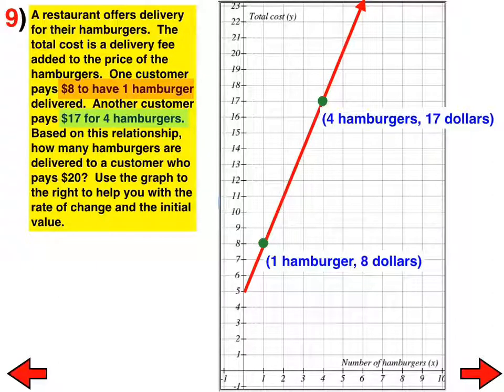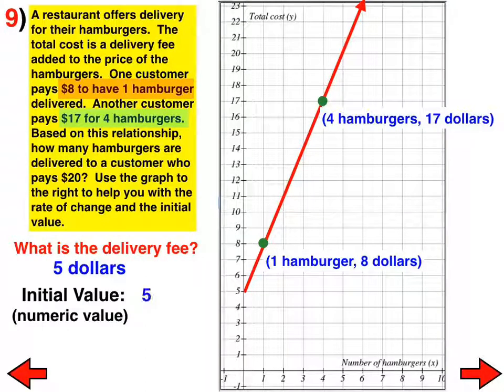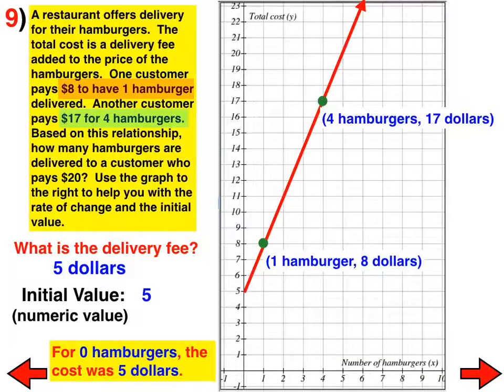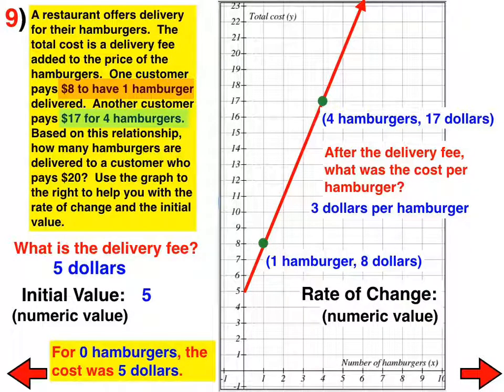Well, one way of doing this is creating your situation here, finding perhaps the delivery fee, which is the initial value, so $5, or 5 as a numeric value. Maybe finding the rate of change, which would be $3 per hamburger after you pay the delivery fee. As a numeric value, that, of course, is 3.